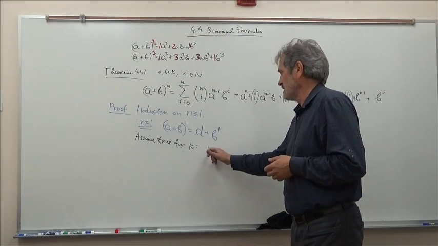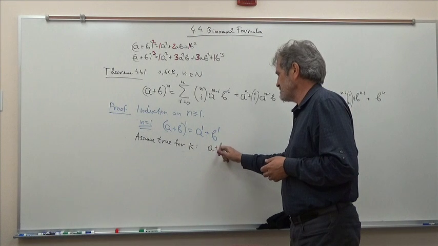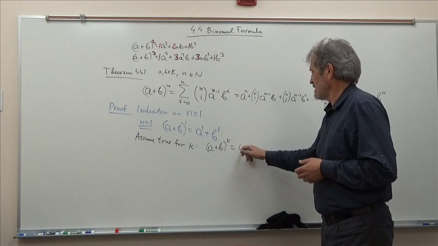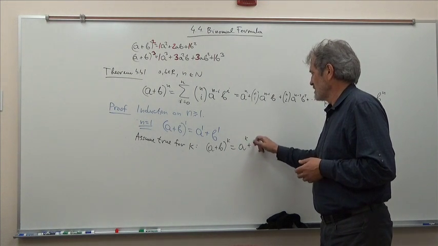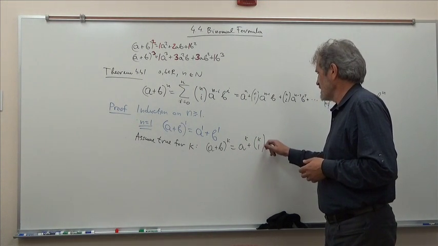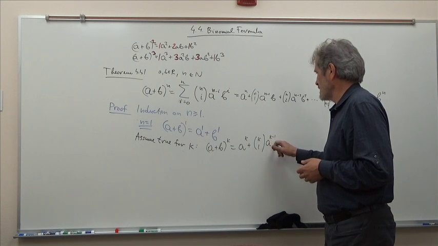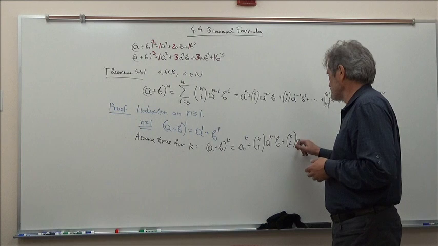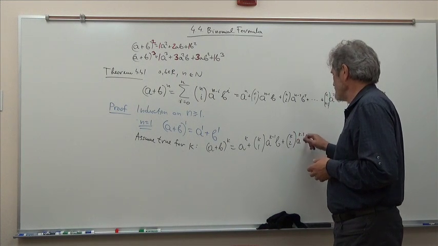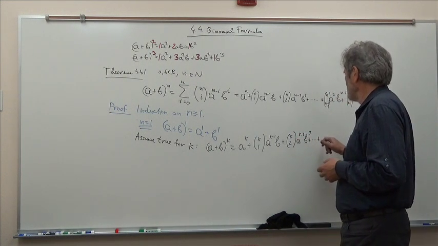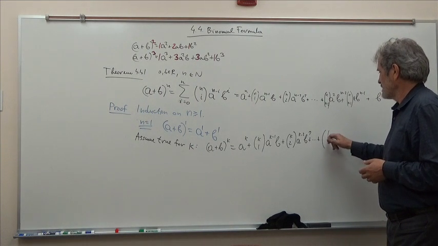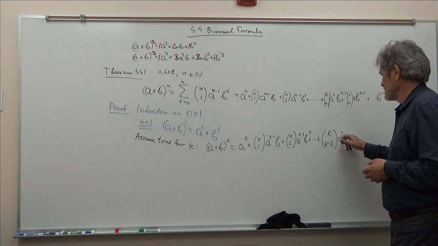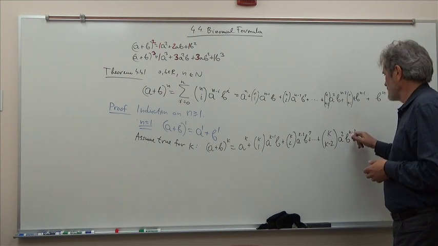So what would that say? That a plus b to the k equals a to the k plus k choose 1, a to the k minus 1 b plus k choose 2, a to the k minus 2 b squared, plus k choose k minus 2 b to the k minus 2.